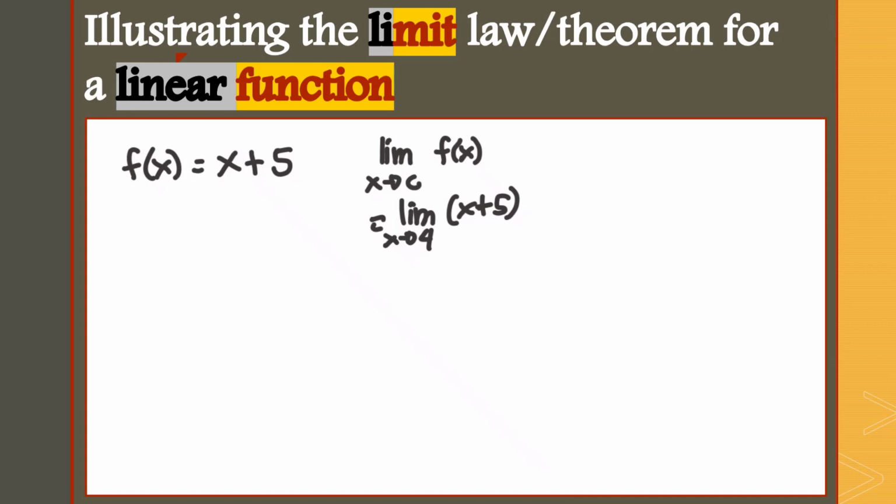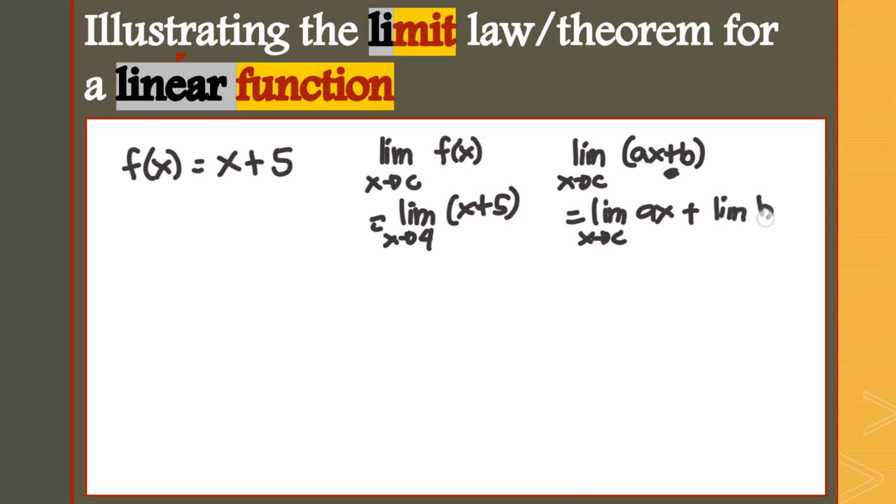If we have the limit of a function, let's say ax plus b, a general linear function, as x approaches c, we can represent it like this: the limit of just the first term as x approaches c, plus the limit of the second term as x approaches c. The sum of the two limits would be equal to the limit of the entire expression.